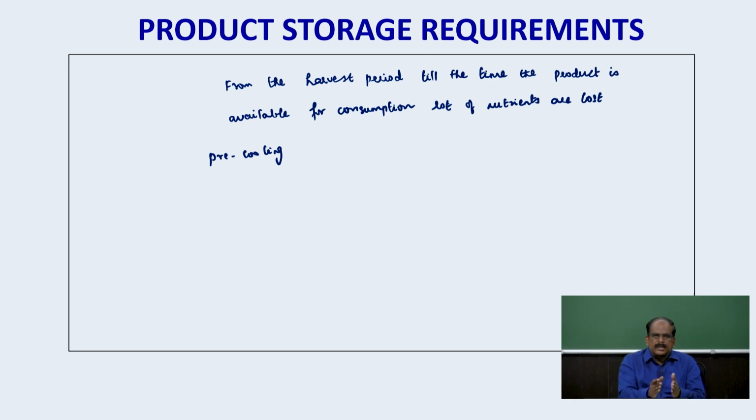When the crop is harvested and before it is transported in the form of a product to the market, or when it is available for the end user to consume, if proper pre-cooling is employed at the field itself, a lot of nutrients which would otherwise be lost could be reduced or retained. So pre-cooling is the removal of heat at the field itself.